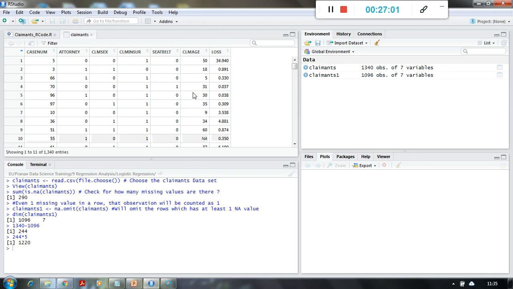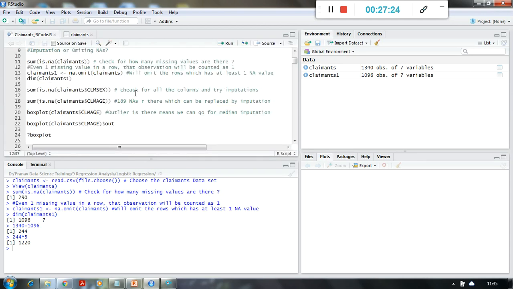So if I find out the average of this entire age column and replace this NA value with that average value, then that is one solution. Or I can find out the median of this entire column and replace this NA value with that median value, that is another solution to it, right? So these are called replacing with the logical values.